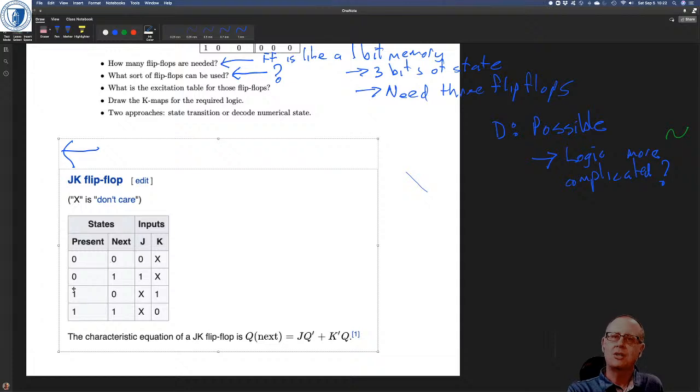If we want to transition from 1 to 0, we don't care what J is, and we want a 1 on K. And if we want to transition from 1 to 1, we don't care what J is, and K should be 0.